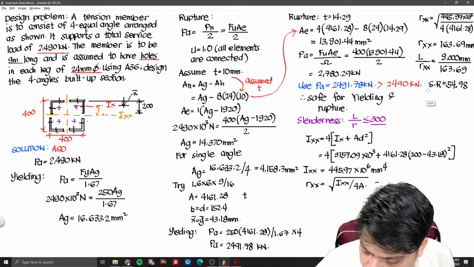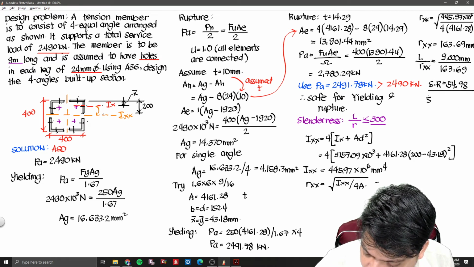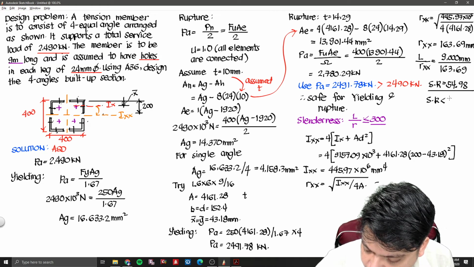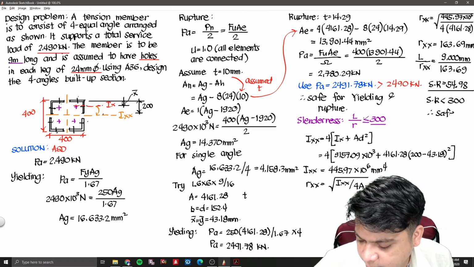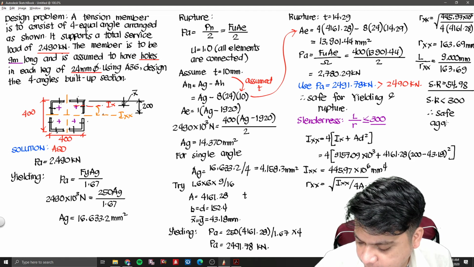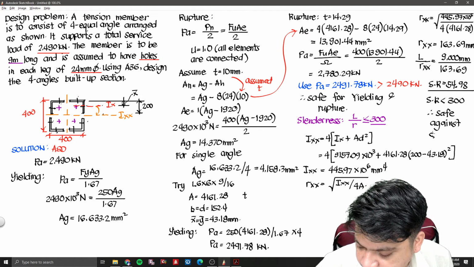Since SR is less than 300, this is safe against slenderness.